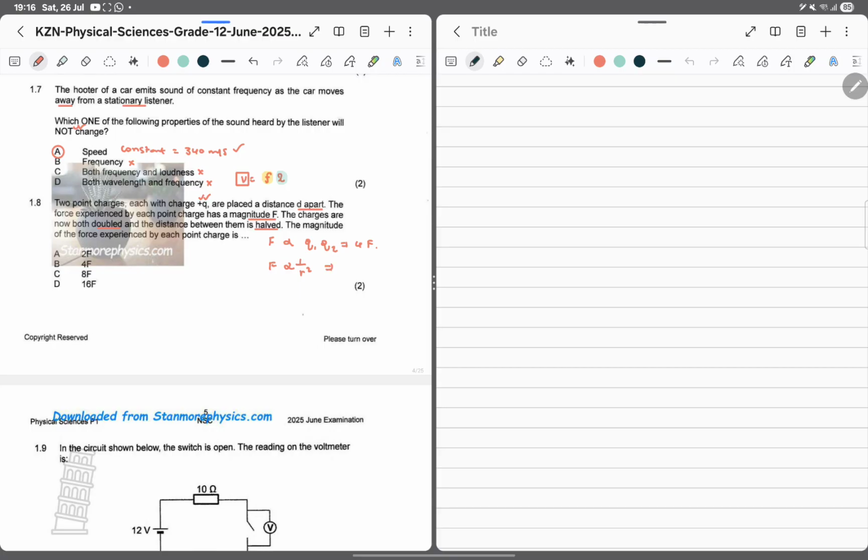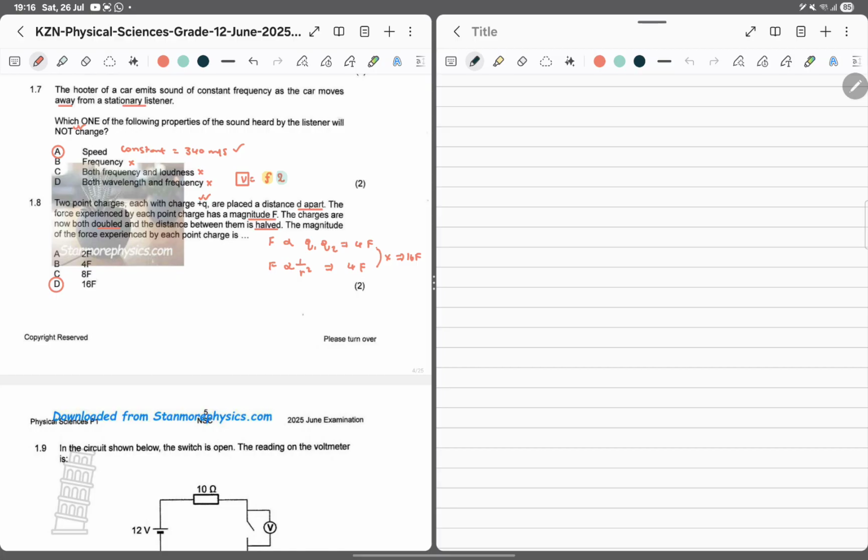So if we have that, we are literally quadrupling again the force. And these two we multiply with actually implies 16 times the force. So D should be the answer there on the magnitude of the force experienced by each charge after that change.